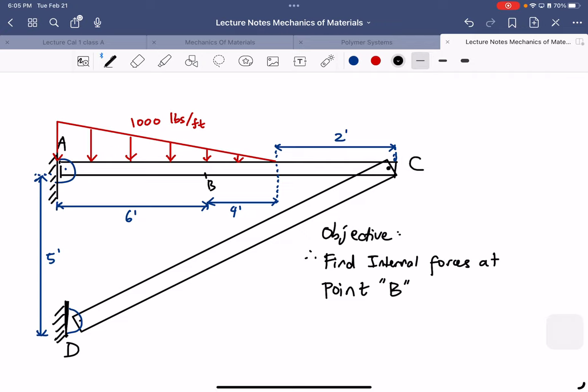Okay, now what do you need to do first? I think this distributed one first, right?